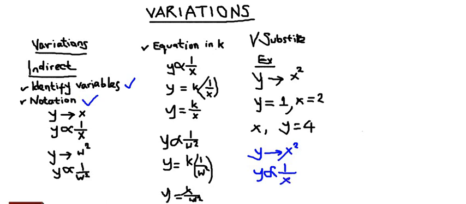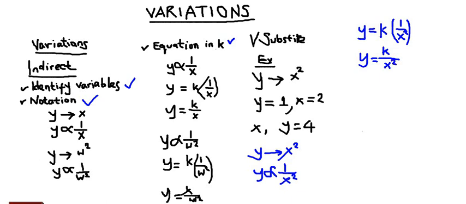Then our equation in K would be y is equal to K multiplying 1 over x squared, which we can rewrite as y is equal to K over x squared. That is our equation in K.